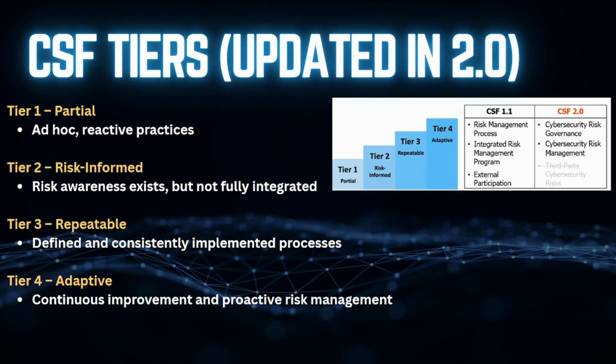Cybersecurity Framework Tiers provide a way to measure the maturity of an organization's cybersecurity risk management practices. They range from Tier 1, which is reactive and informal, to Tier 4, which is adaptive and continuously improving. Importantly, these are not about compliance. They reflect how well risk management is integrated into the organization's processes and culture.